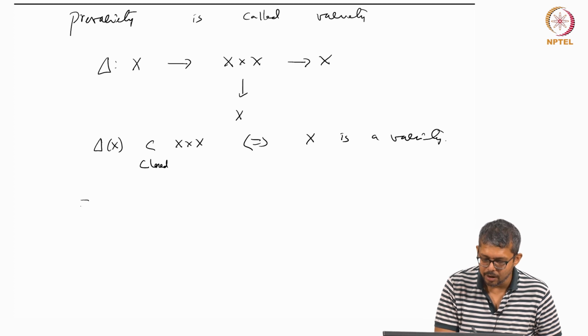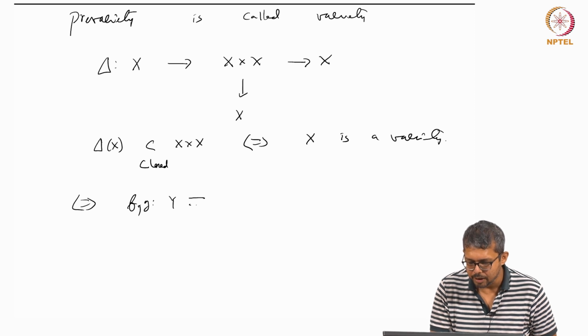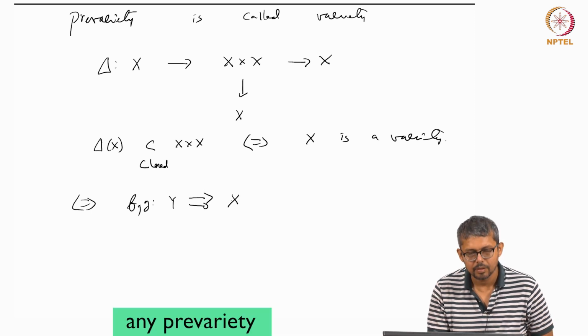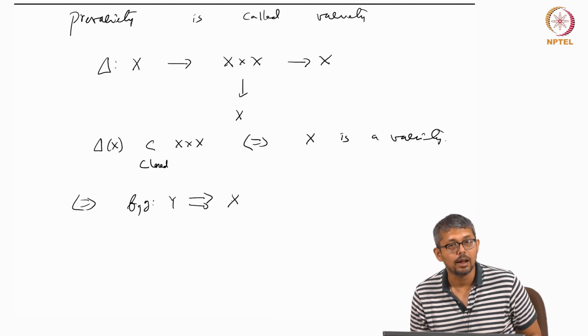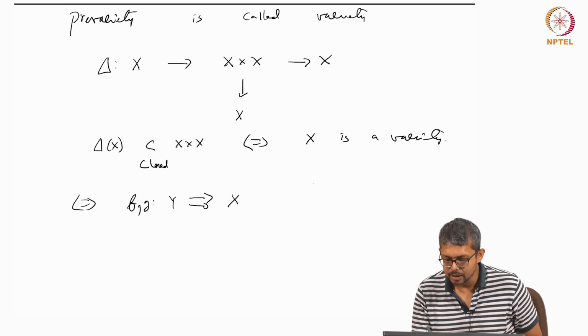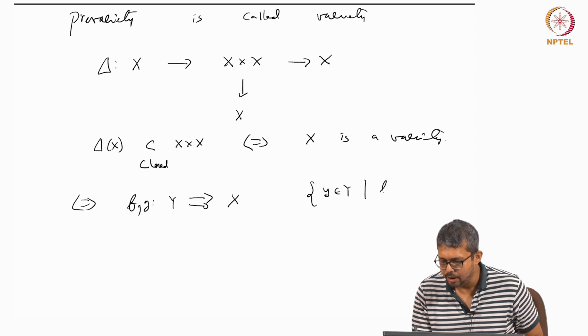This is also equivalent to saying that if we have two morphisms f and g from y to x, where y is any variety, then the set of points in y where they are the same is a closed set.